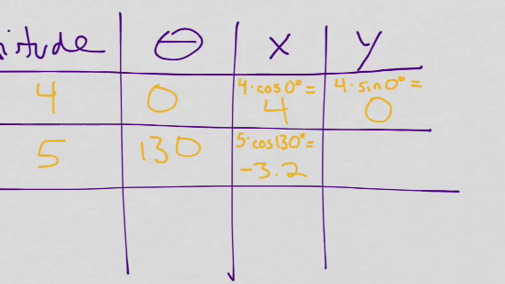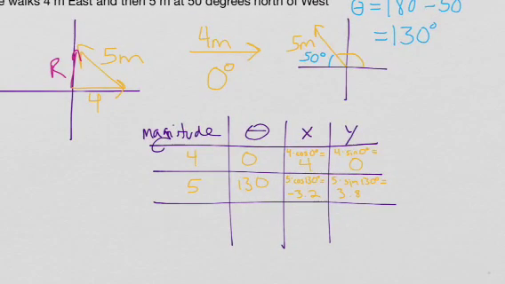And for my y, I'm doing 5 times sine of 130 degrees, which gets me about 3.8. Now, again, let's check to make sure that this makes sense.